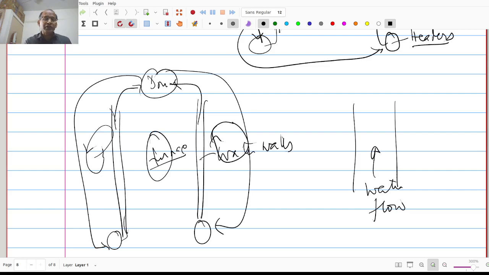So the water with vapor content is lighter, it rises, and water without the vapor content is heavier. So there is a circulation, and usually, if m dot v is the rate at which vapor is formed in this boiling, then the total flow rate is between 6 to 7 m dot v.